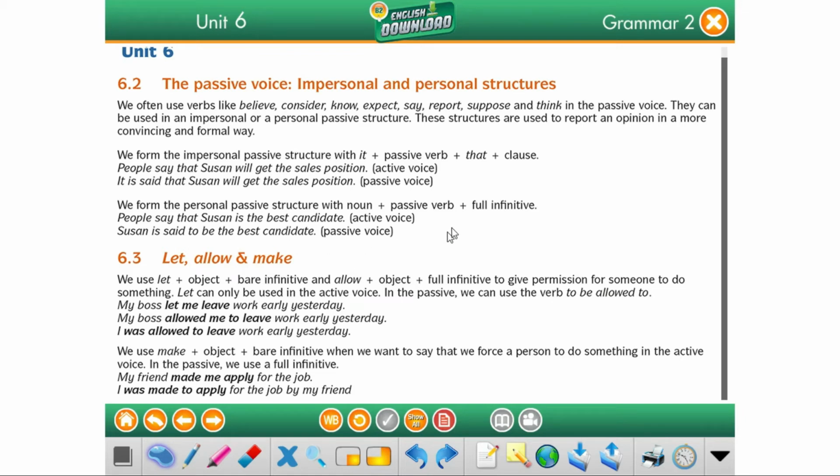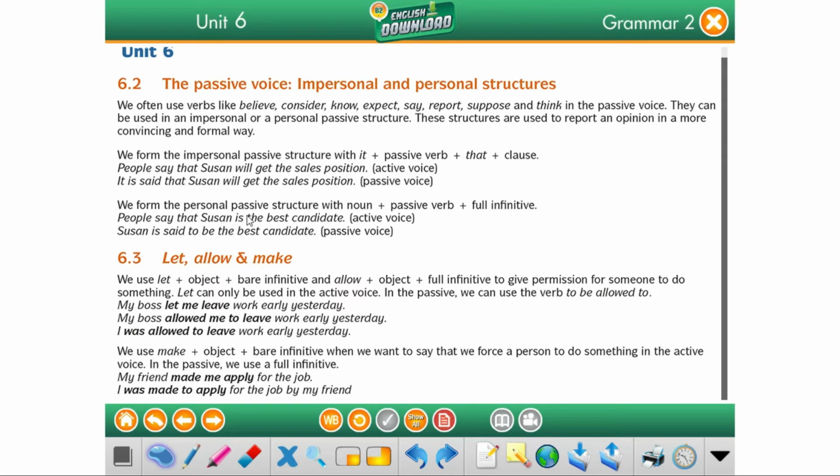Why? Because the structure says that we use a full infinitive. So the full infinitive, as I told you before, is a verb with the preposition to. Can we say to is? Of course not. Remember that the full infinitive is to be.